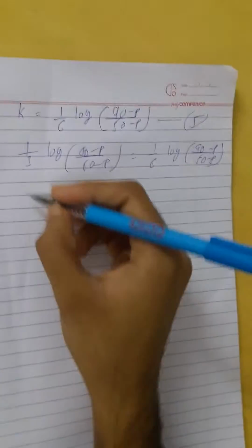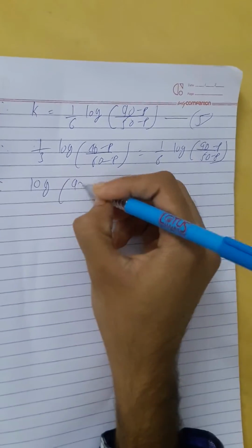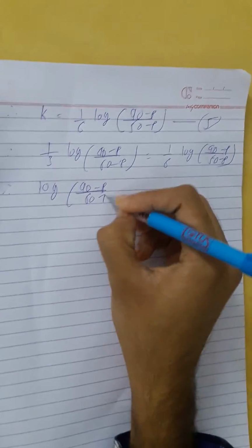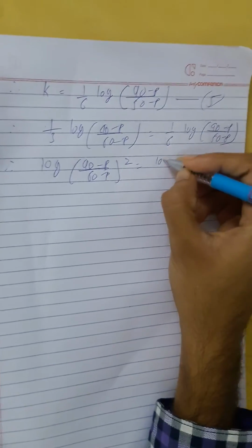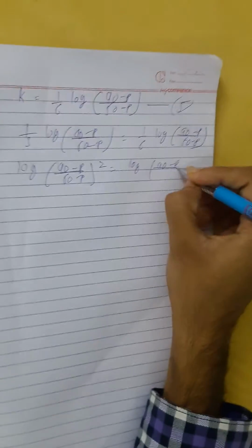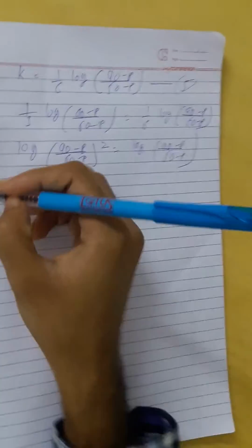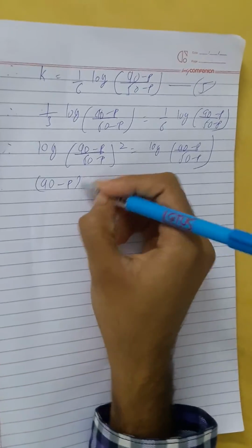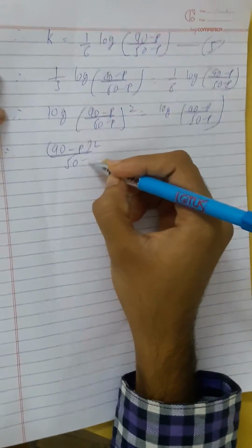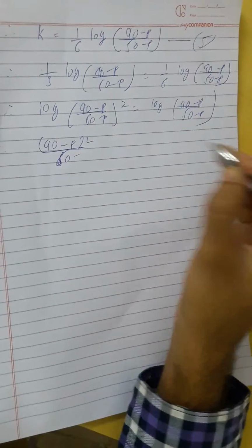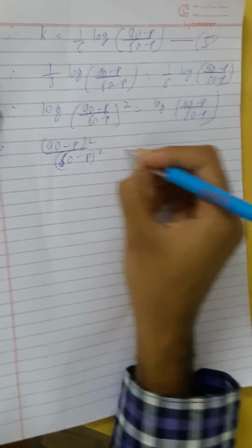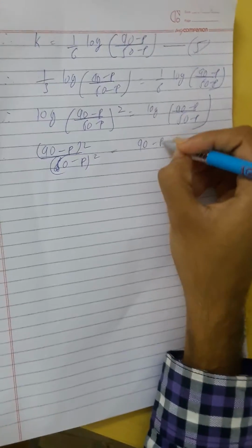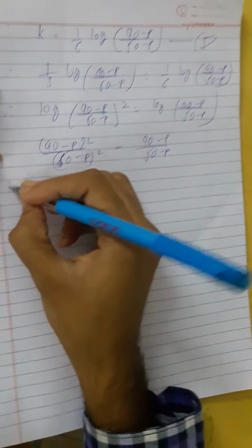Equating, we get log of (90 minus P) upon (60 minus P) whole square equals log of (90 minus P) upon (50 minus P). Cancelling log on both sides, we get (90 minus P) whole square upon (60 minus P) whole square equals (90 minus P) upon (50 minus P).